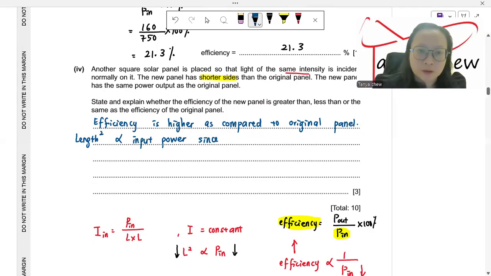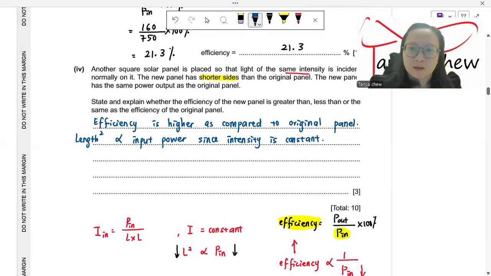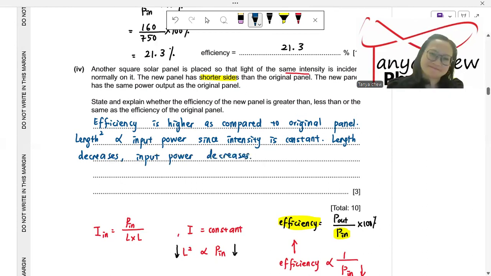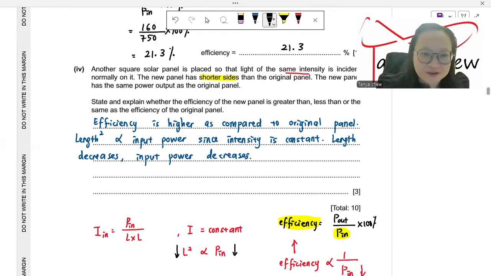Since intensity is constant, length decreases, input power decreases. And, okay, efficiency, I'll write it here.